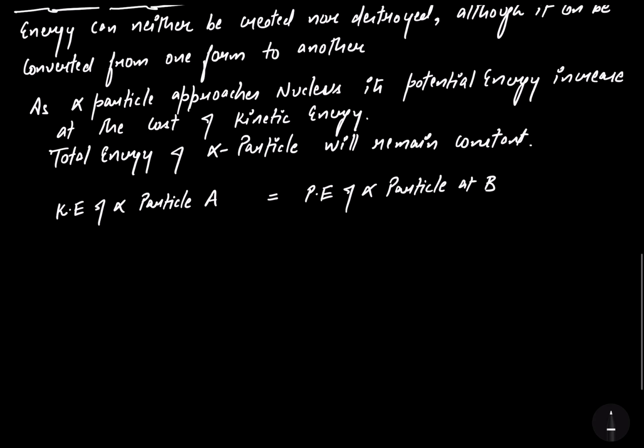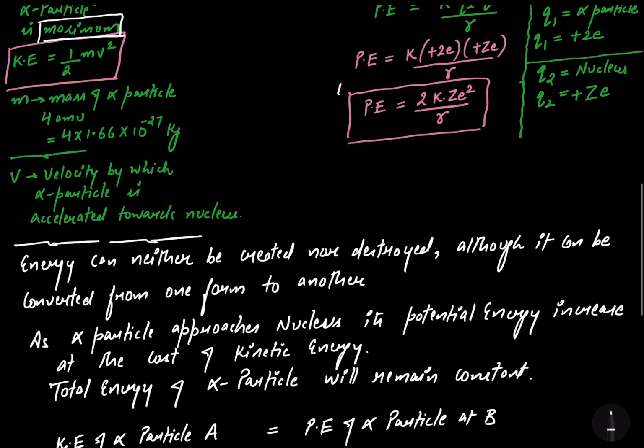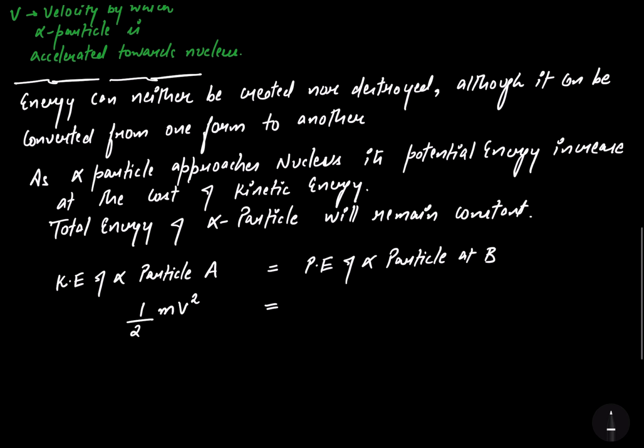So now let's put the value. The kinetic energy of alpha particle at point A is half mv square. Now the potential energy of alpha particle at point B, we have just calculated, is 2KZe square divided by small r, and here this small r is the effective radius of nucleus.